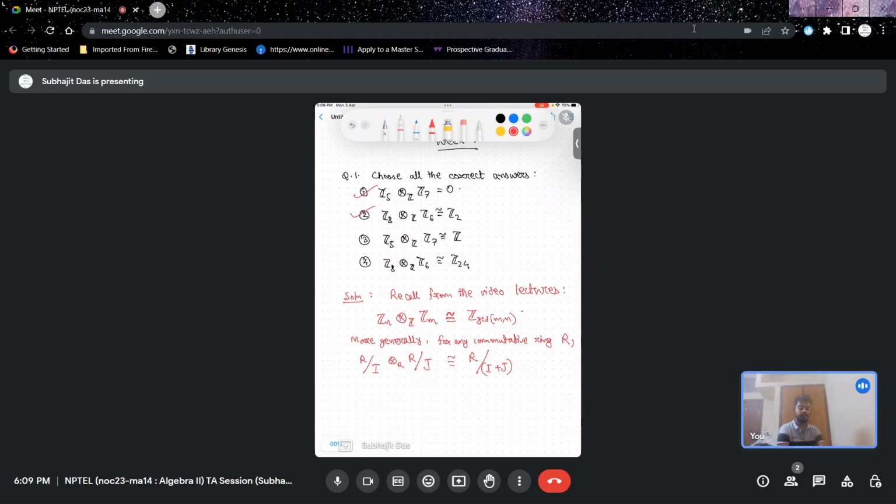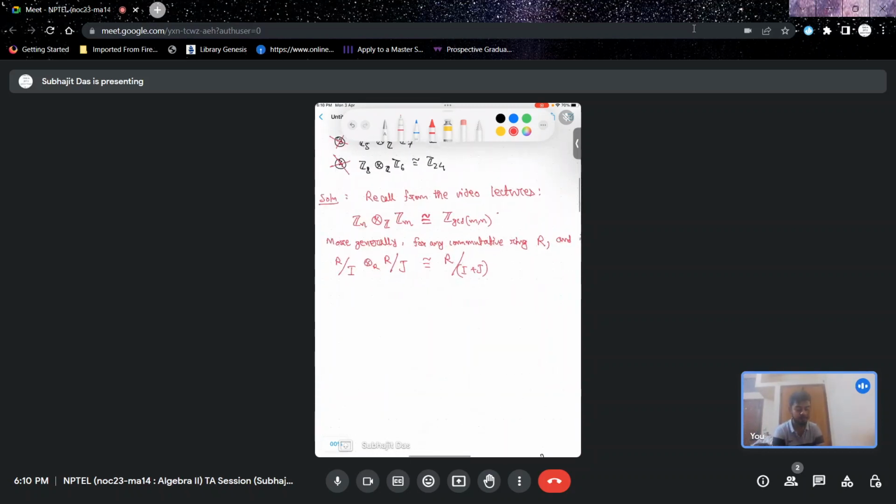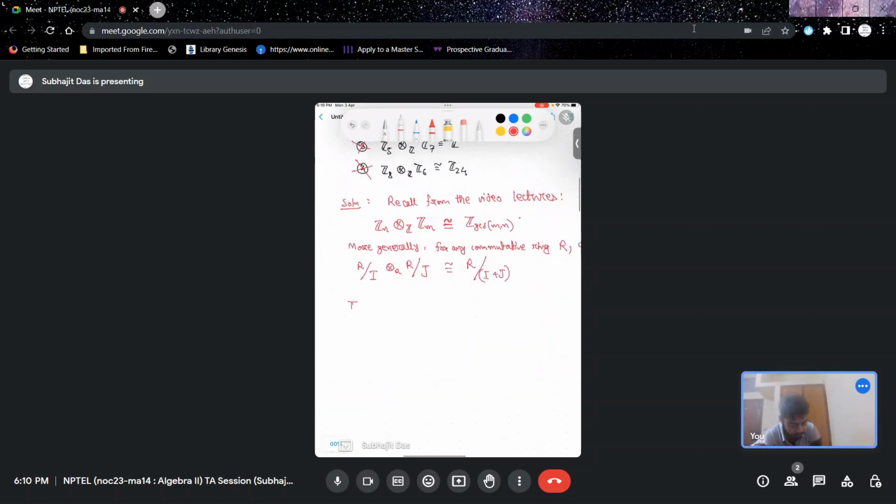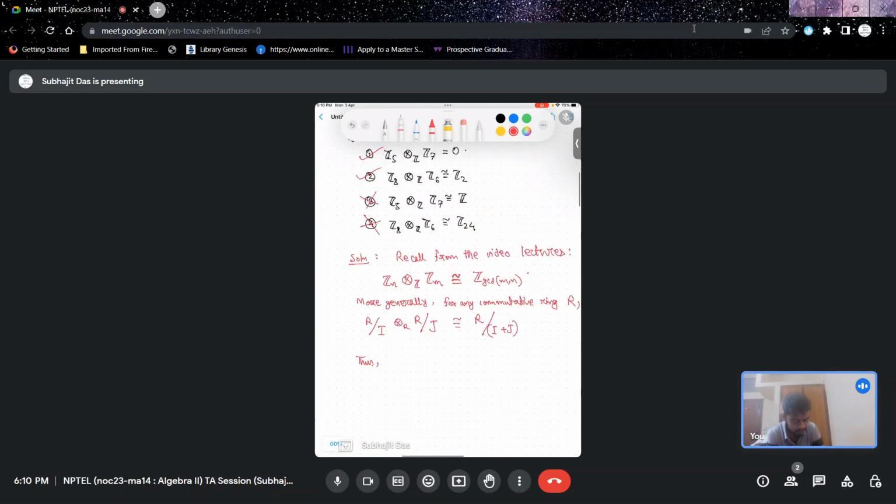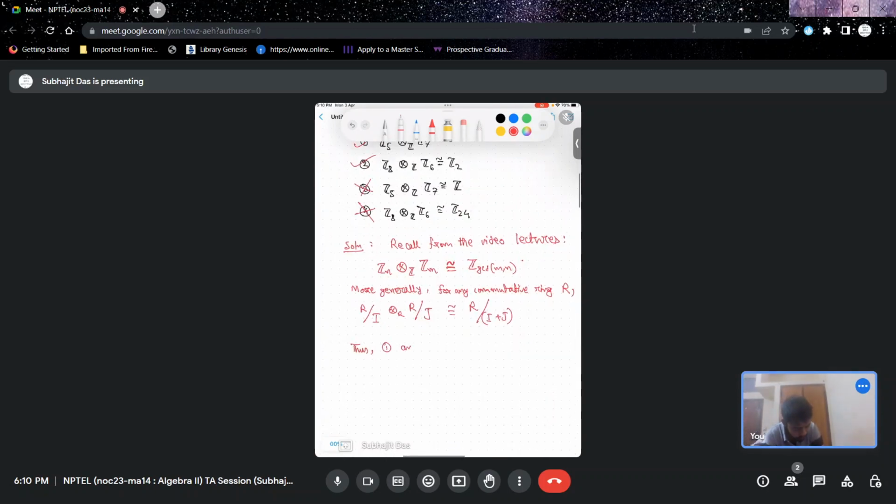Option 4 is certainly not correct. Option 3 says that Z5 tensored over Z with Z7 is isomorphic to Z, but we already saw that the tensor product is 0, so this is not true. Thus clearly 1 and 2 are correct.